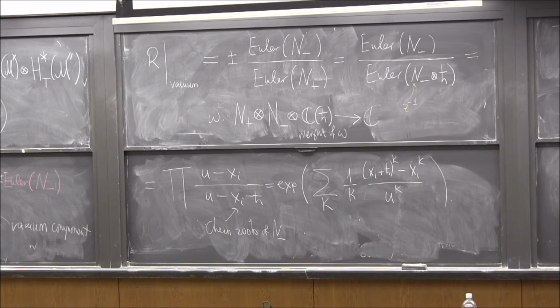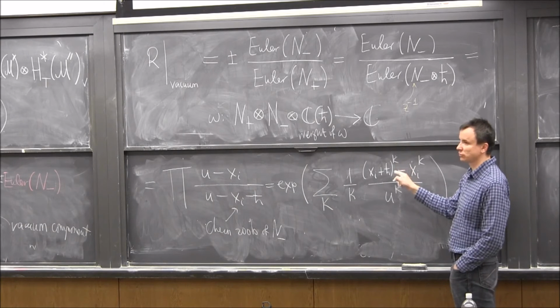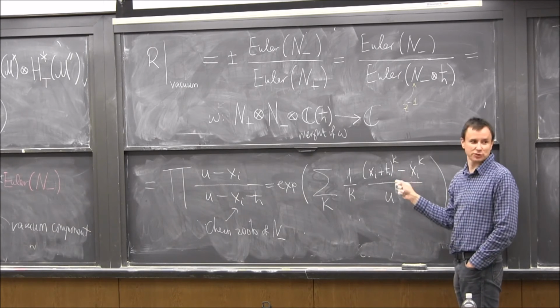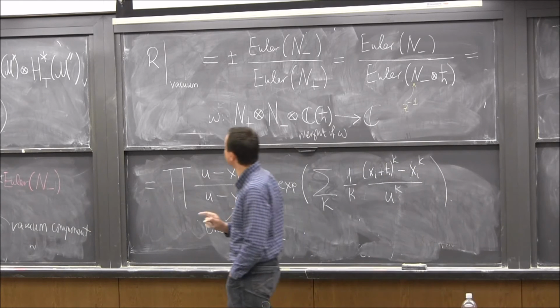The point is that this goes through a sum of Chern classes. You can expand to get a sum of Chern classes to the power k, so you get some expression in terms of the Chern character of the U bundle.